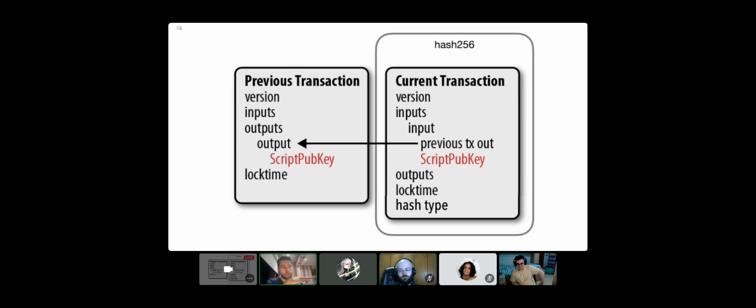That means when you launch a node and connect yourself to the network for the first time, you have to download and verify the whole blockchain before you can do anything. Oh, that sounds expensive.